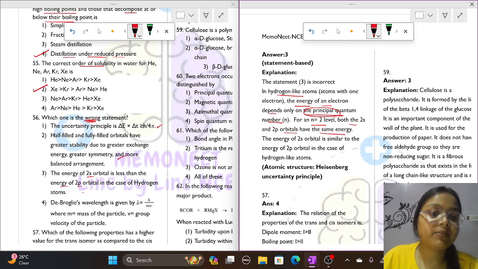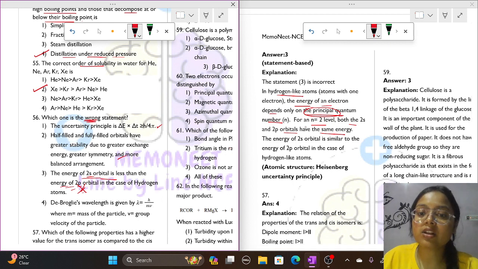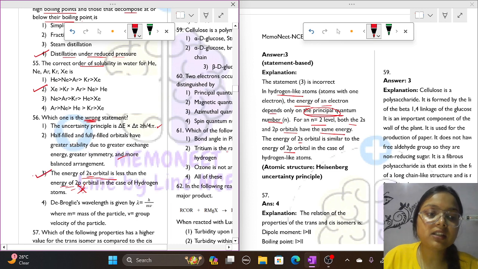But here it is given that the energy of 2s orbital is less than that of 2p. But this is not the case in the hydrogen atom, right? Both are equal and are of the same energy. So the energy of 2s is similar to the energy of 2p. So option number 3 is the incorrect one, which is the correct answer for this question, right?